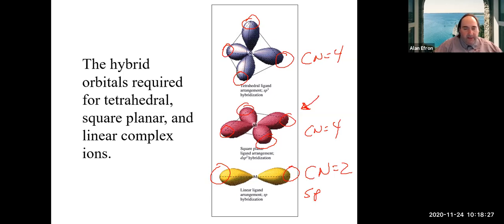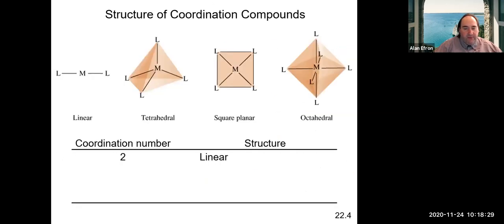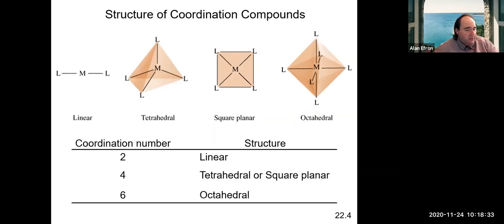So based on the coordination number, it corresponds to different structures and geometries, and here's the breakdown of where we usually end up with most of what we see. If something has a coordination number of 2, you can think about it like VSEPR: 2 electron pairs is linear geometry.